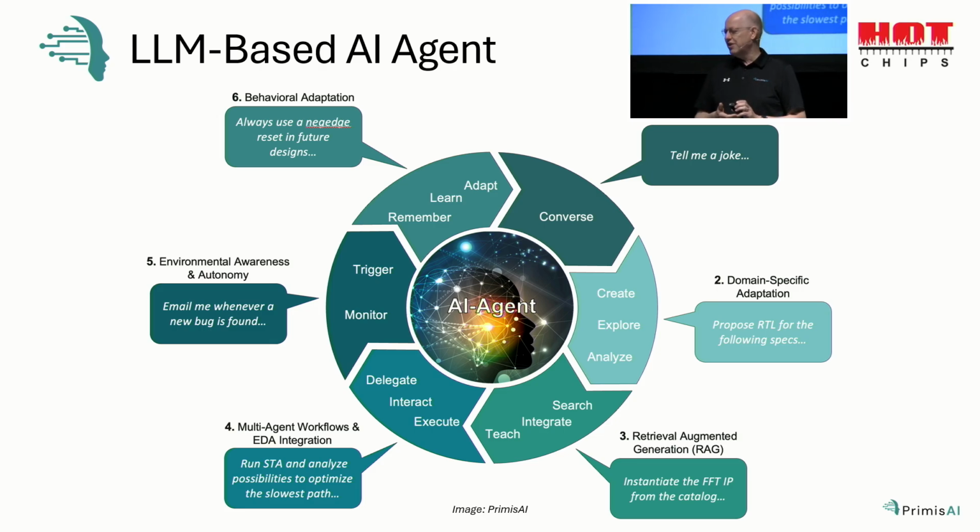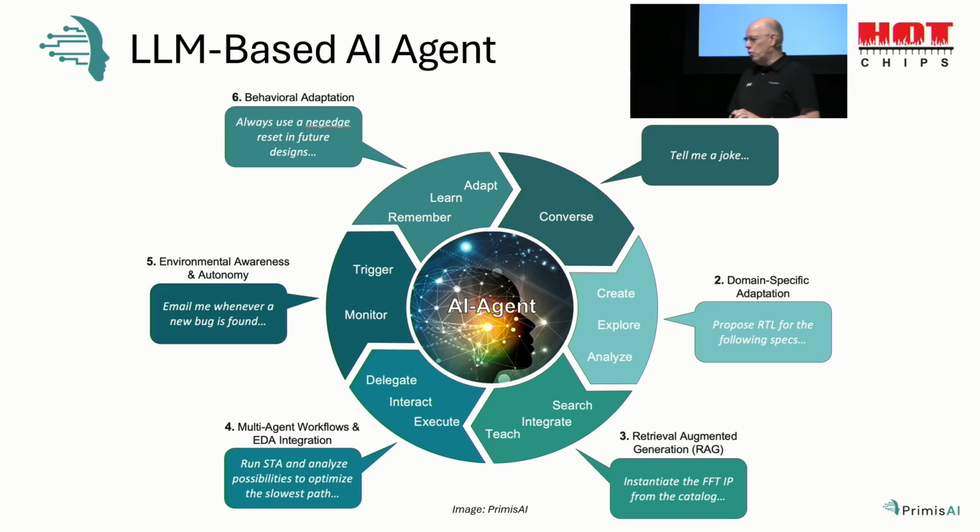The next layer is retrieval augmented generation, which we spoke about. You give the LLM the ability to leverage in-house company data. It can be IP, it can be your product specification. It can also be your design style coding guidelines, to make sure that the agent starts proposing code which adheres to your guidelines.